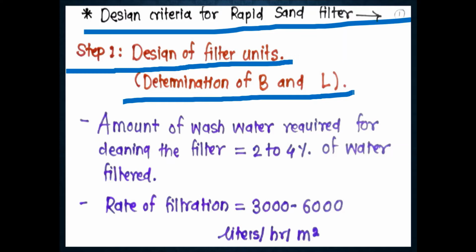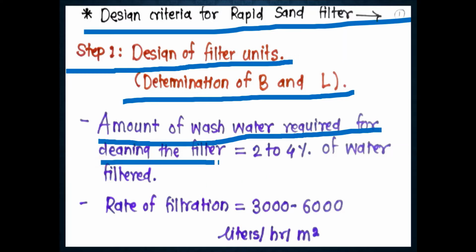Step number 1 is nothing but design of filter unit, that is determination of the width and length. But one thing you have to assume in this case, that is the amount of wash water required for cleaning the filter. Amount of wash water required for cleaning the filter is equal to 2 to 4% of the water filtered.